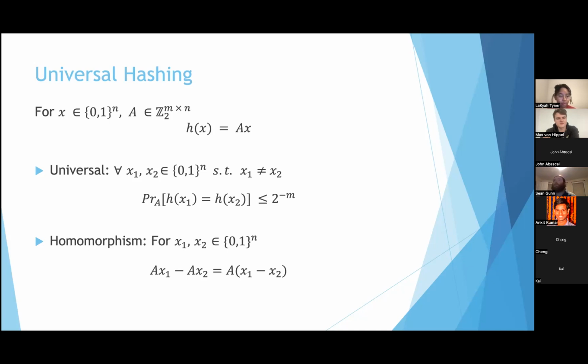Those are the two properties that we require in any candidate hash function that we will be able to utilize for our constructions.